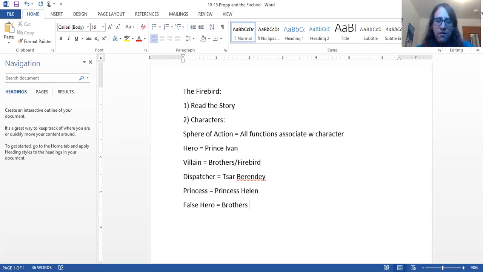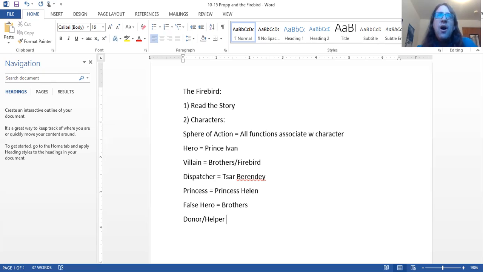Now, of course, we got to mention our helpers and our donors. Honestly, the book and sort of interpretation of what's a helper and what's a donor is kind of hard to decide sometimes, because the book will say things like, this character is a donor because they give the gift of their companionship, which would seem like kind of a helper thing to do.